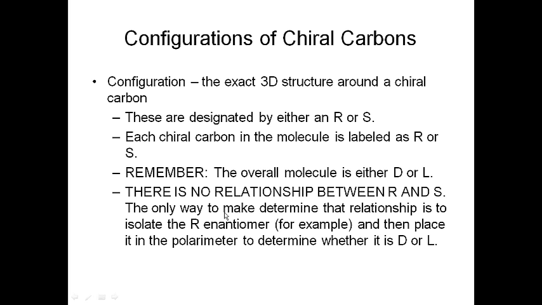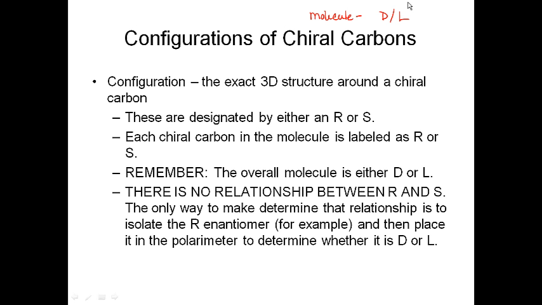Okay, configurations of chiral carbons. Now, I've been talking about these chiral carbons and these molecules being in their left and right-handed forms. When we talk about the overall molecule, we're talking about whether the molecule is D or L, whether it rotates plane polarized light to the left or the right.